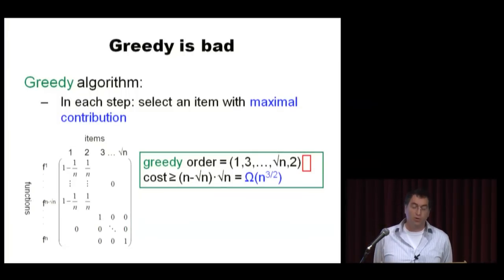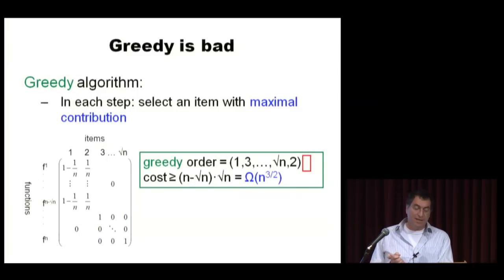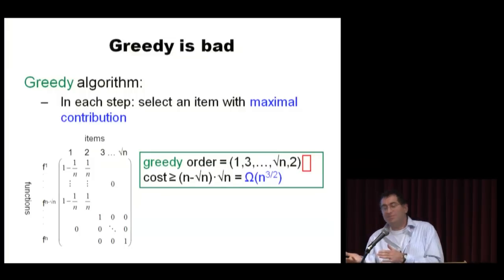And it is easy to compute that the cover time for the users will be n to the 3/2, because most of the users, the first n users, will have to wait until the end until they're happy. It will take them a long time, square root of n times. Almost n users will have to wait square root of n times.